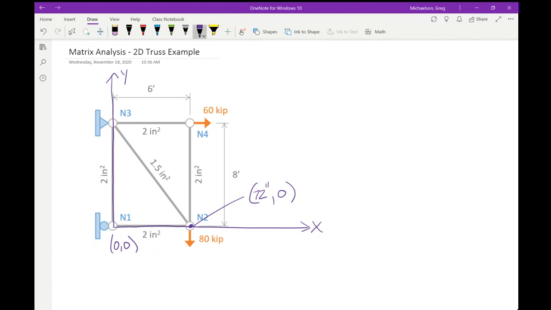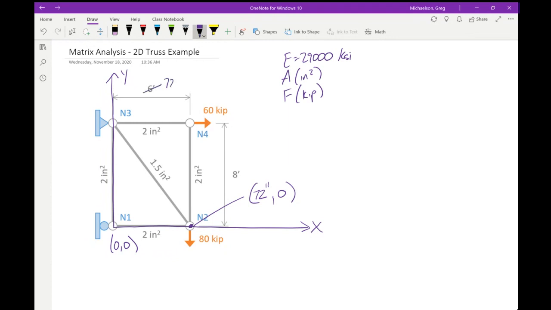72 inches. Make sure to use a consistent unit system when you're doing this, okay? Because that really matters, okay? And this is 6 feet, but you know, all of our E values, so E is 29,000 KSI. All our A values are in inches squared. All our forces are in kips. So make sure that your coordinates are in inches as well.